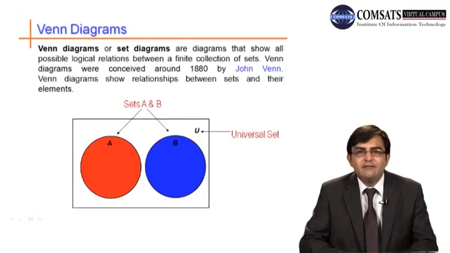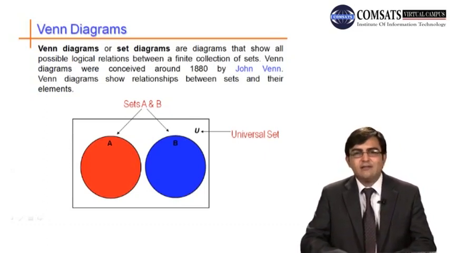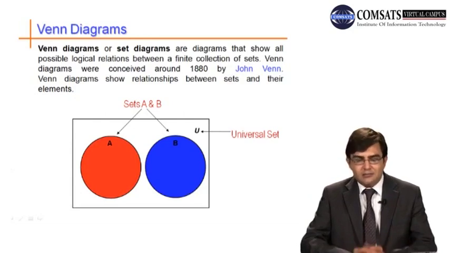Now we start the Venn diagrams. So what is a Venn diagram? Venn diagrams, or set diagrams, are diagrams which show the relationship between sets and their elements. Venn diagrams also show the intersection, union, complement and other operations on sets.